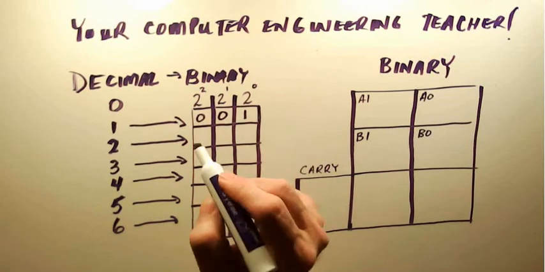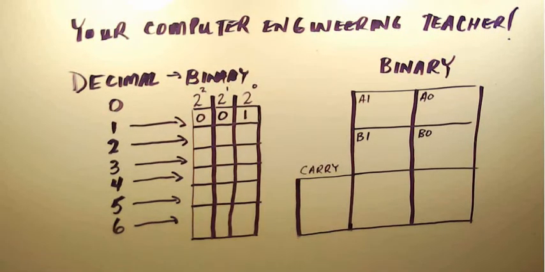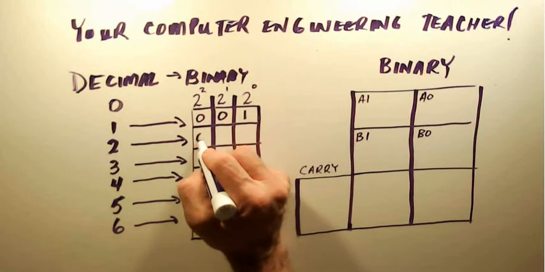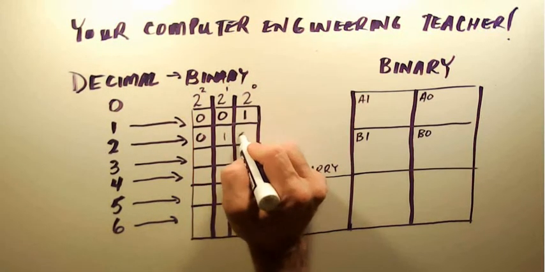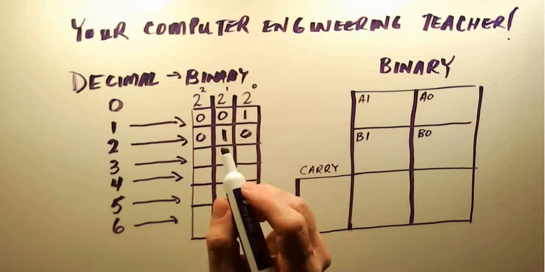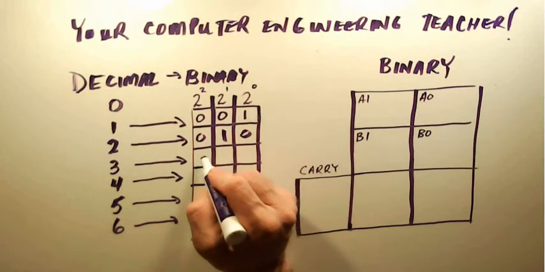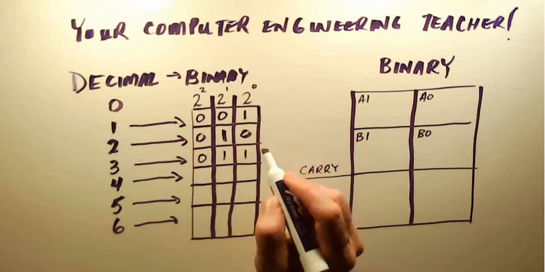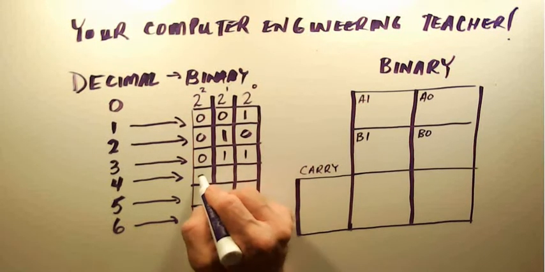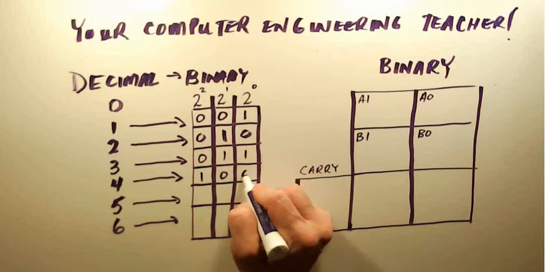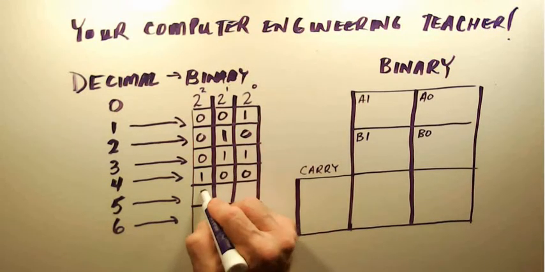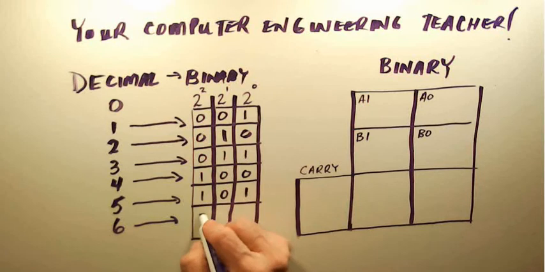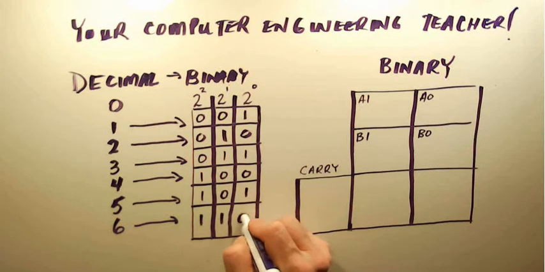But decimal 2 in binary is equal to 0, 1, 0. And 3 in decimal compared to binary would be 0, 1, 1. 4 in binary is 1, 0, 0. 5 in binary is 1, 0, 1. 6 in binary is 1, 1, 0.